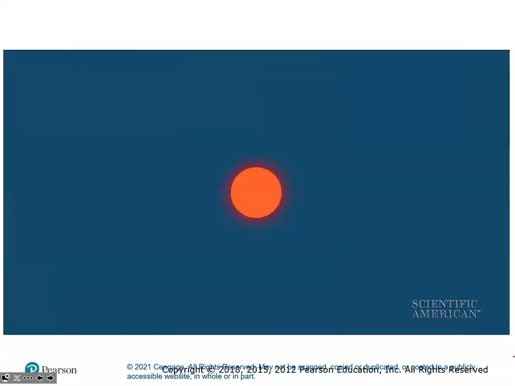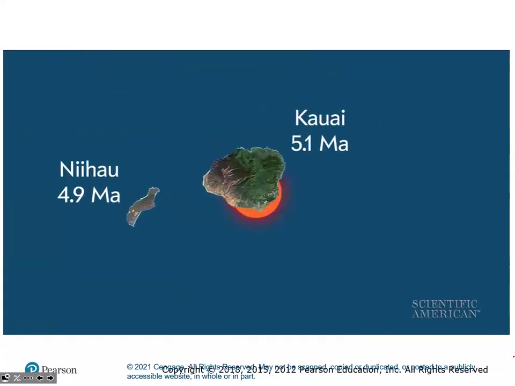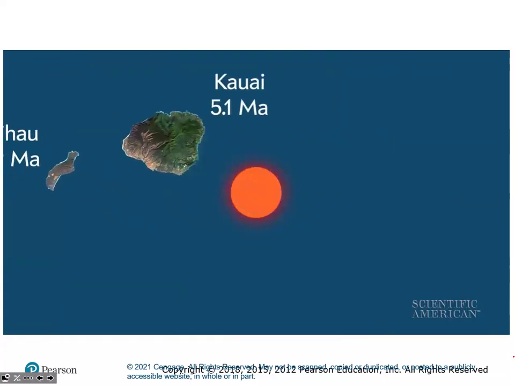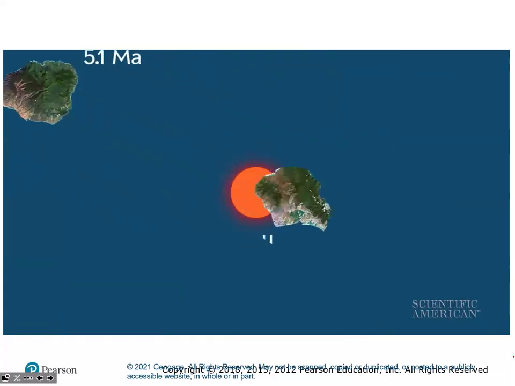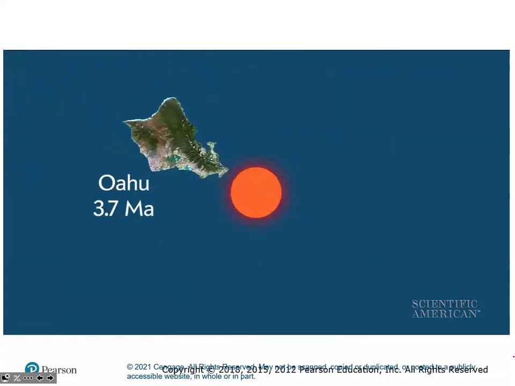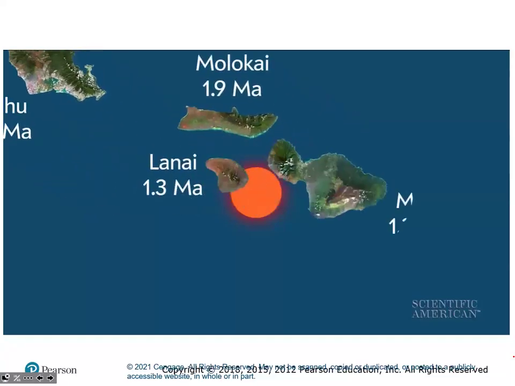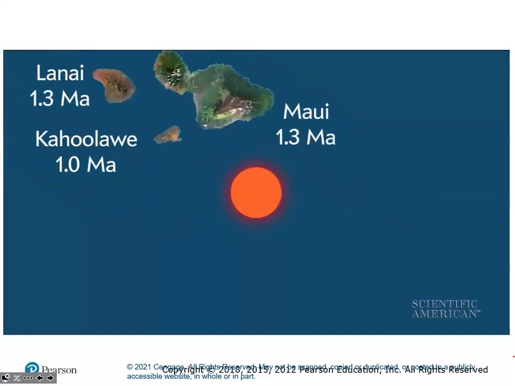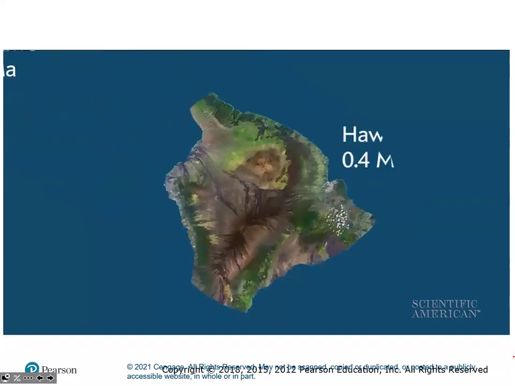The Pacific Plate is moving to the northwest, dragging the crust over the hotspot and creating islands as it goes. The hotspot itself might be moving too. The volcanoes on Niihau and Kauai, the northwesternmost islands in the chain, are about 5 million years old. The Big Island of Hawaii is the youngest and started forming about 400,000 years ago.